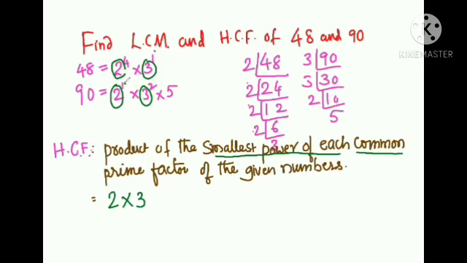This is the smaller one, so take 1. Then 3 power 2, 3 power 1. Here also 3 power 1 is the smallest one, so take 1. So the HCF of the two given numbers is 2 power 1 into 3 power 1, 6. 6 is the HCF of the given numbers.